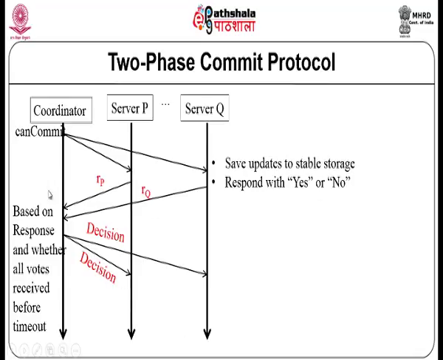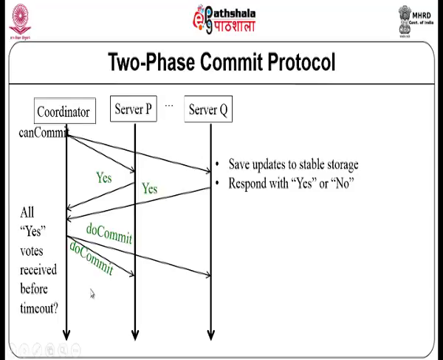In case the decision is yes or in case it is no, the decision of the coordinator will depend on that, and the coordinator will send back something only after all the votes have been received. So, all responses must reach the coordinator, only then can the coordinator take a decision, or otherwise a timeout can happen.